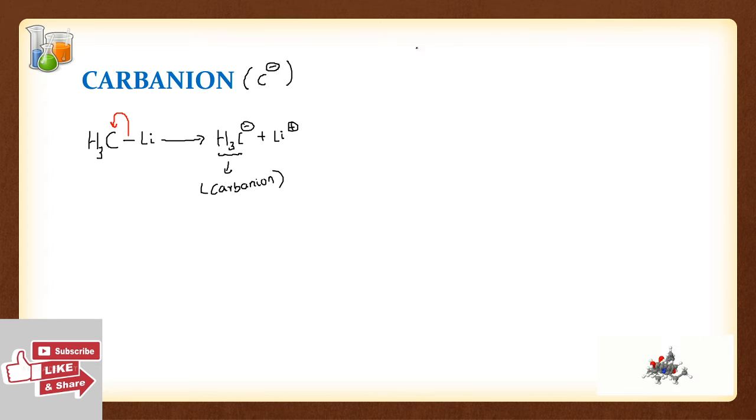Now let us discuss the important points regarding carbanion. The first point is how it is formed: it is formed by heterolytic bond fission, heterolytic bond cleavage.